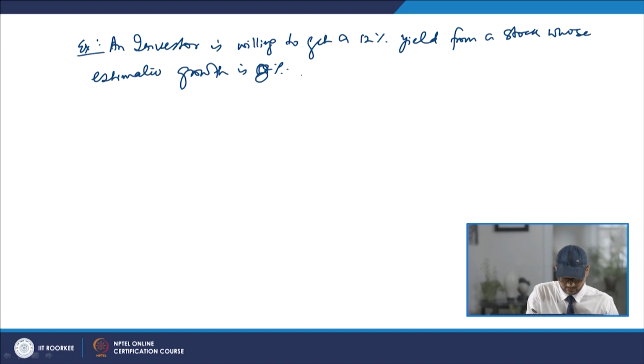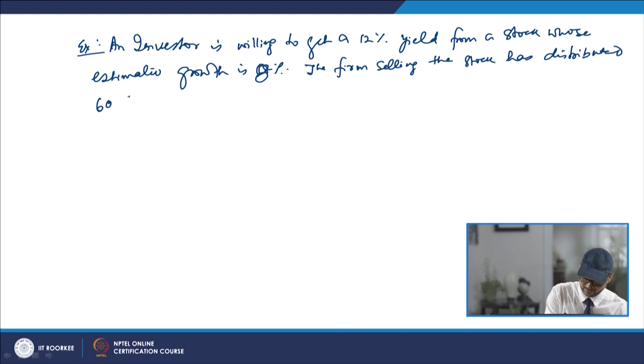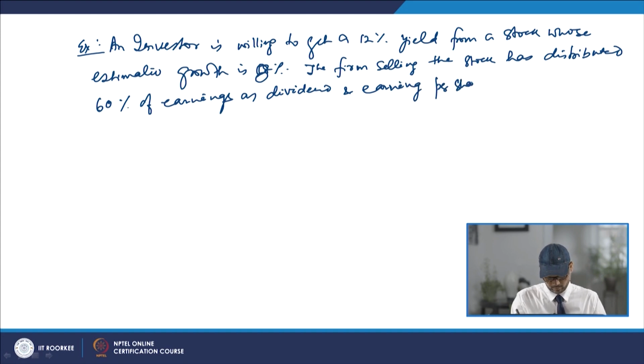Now suppose the firm selling the stock has distributed 60% of its earnings as dividends, so 60% of its earnings will be given as dividend, and earning per share is rupees 3.20.